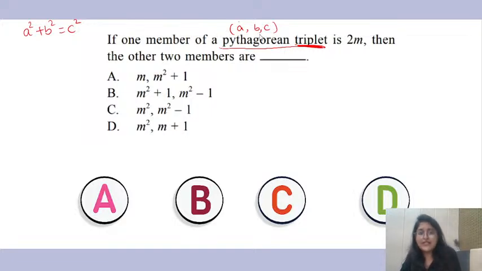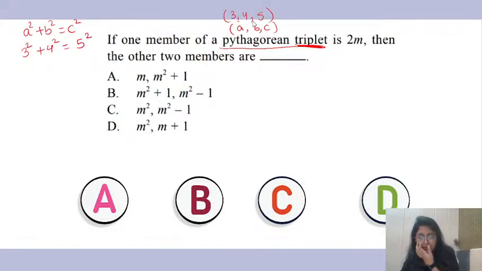For example, if I have the Pythagorean triplet as 3, 4, 5, I have these three numbers. If I put in a square plus b square is equal to c square, a is 3, so I put 3 square, and b is 4, so I put 4 square. And c is 5, so 5 square.